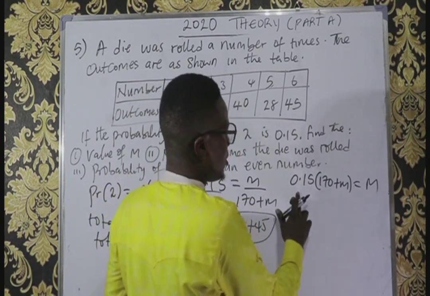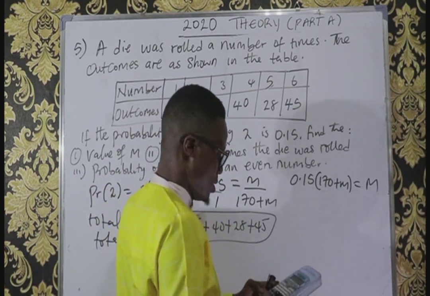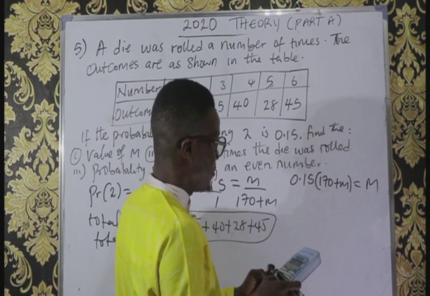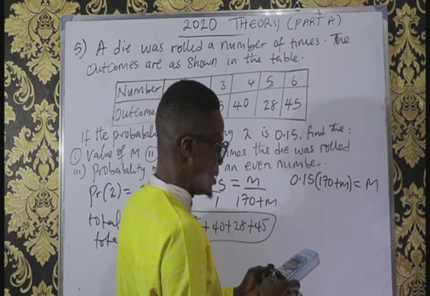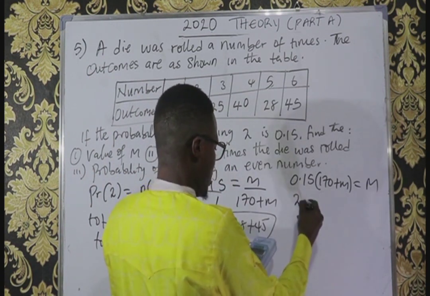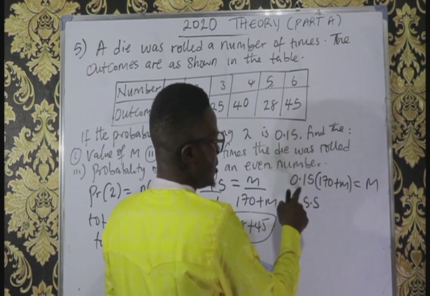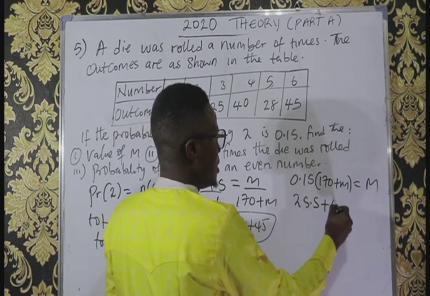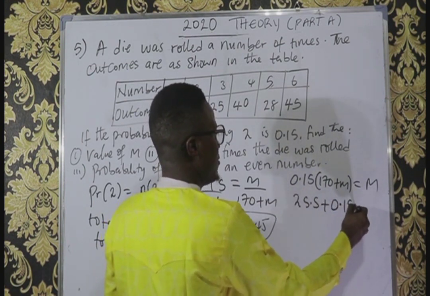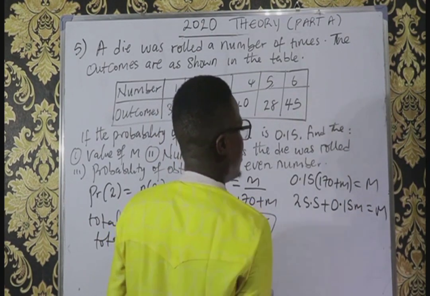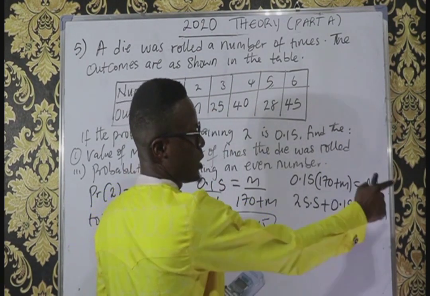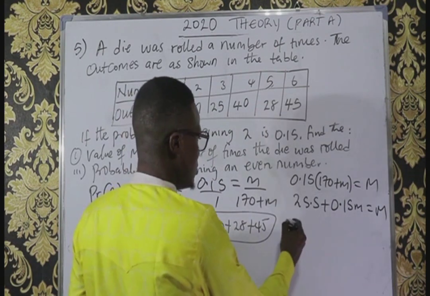Now we use this 0.15 to times everything here. So 0.15 times 170 will give us 25.5. 0.15 times m is 0.15 m equals m. Collect like terms, this plus will cross over and become a minus.